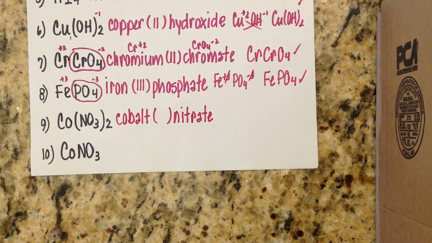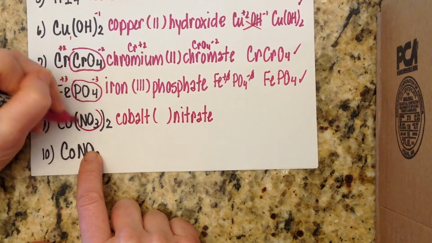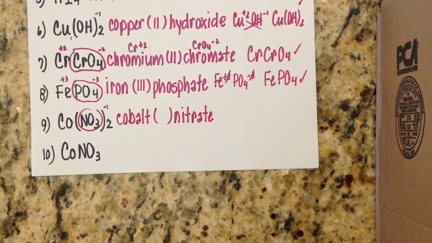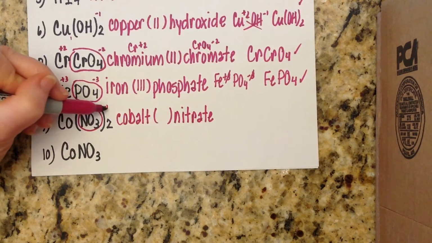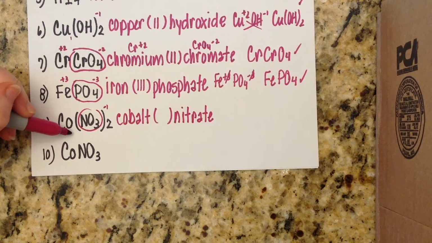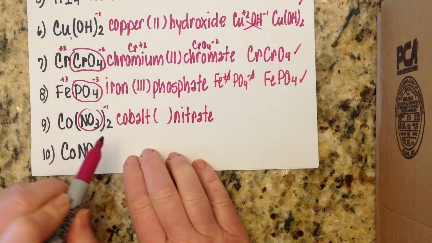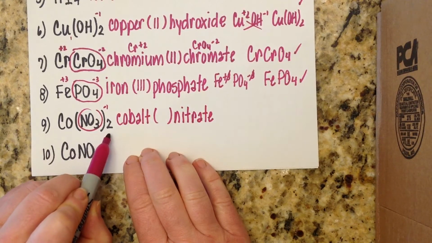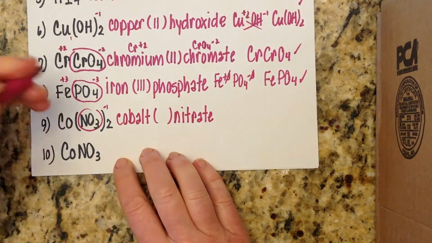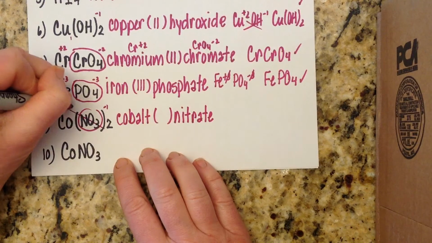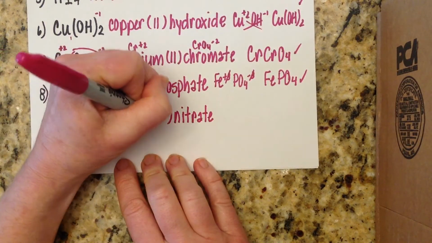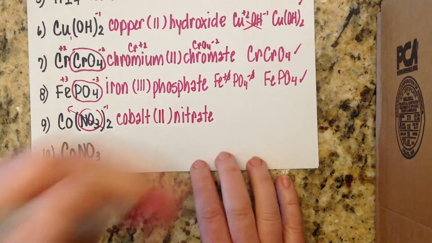Okay, so I know nitrate as a whole has a -1 charge. And it looks like that 1 is what transferred down here because the cobalt also has a subscript of 1. This matches. That means this 2 outside of the parentheses had to have come from up here. This had to have been a +2. I'm going to check it.